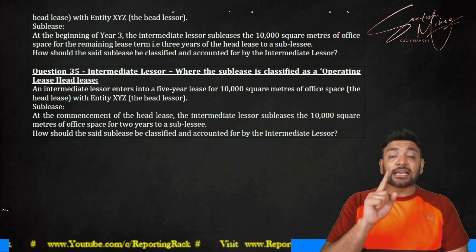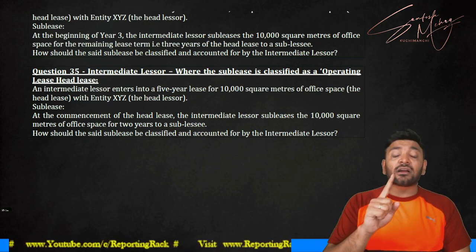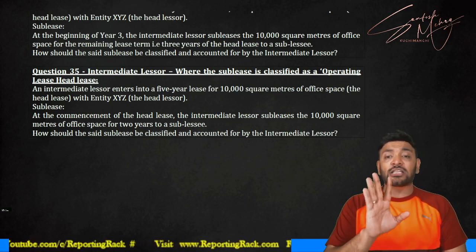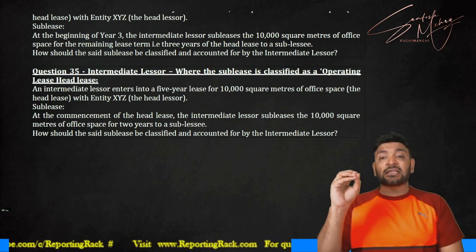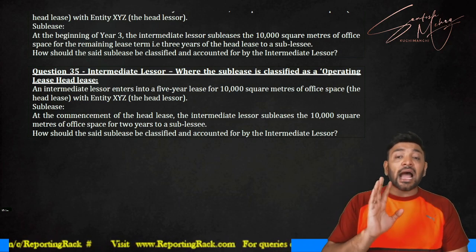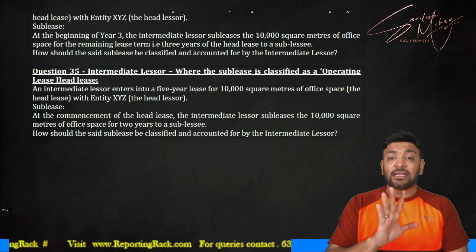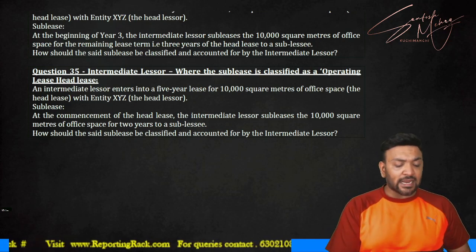When you are considering it as an operating lease, I will recognize lease rentals as income over the lease term on a straight line basis or any other systematic basis. As such, I will not recognize another lease receivable in this case. So therefore, what is the entry that I have to record?